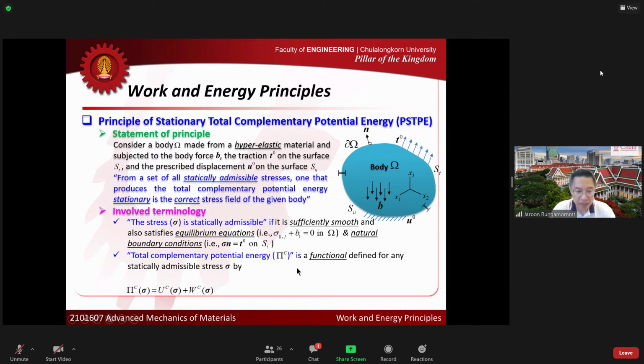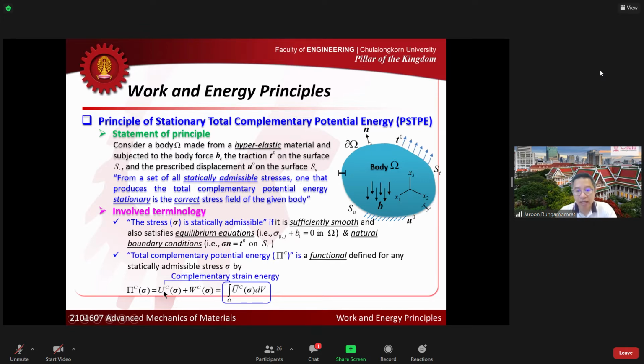So pi c is simply the combination of UC and WC, and UC here is simply the complementary part of U that you saw before. So this is the complementary strain energy.